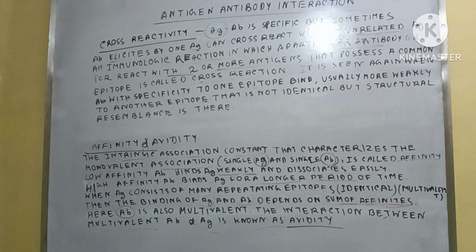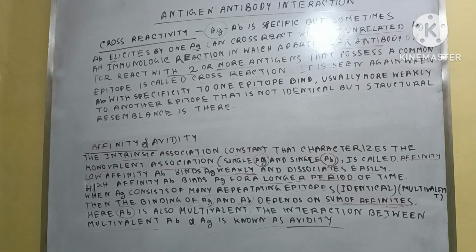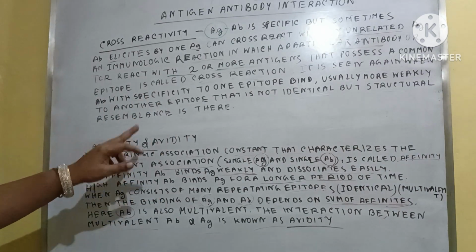So this is called the cross reaction. These are the two situations where we can see the cross reaction. So this is the affinity, avidity and cross reaction.